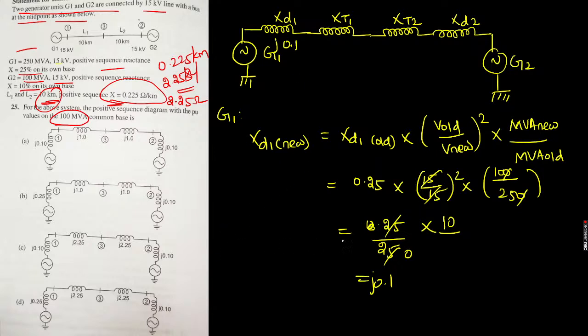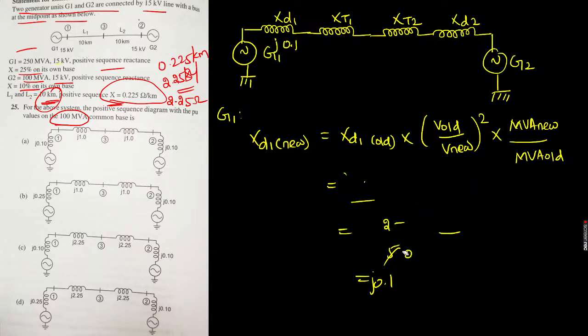G2 has a different rating. See what values are given for G2. For G2 the voltage is the same rating, but MVA old is 100 and MVA new is 100. So will this also cancel out directly? You will get only j 0.25 once again. One minute guys, for generator 2 all the data are different.